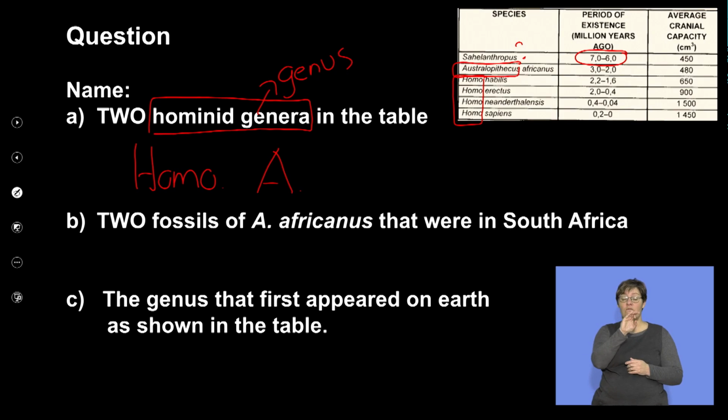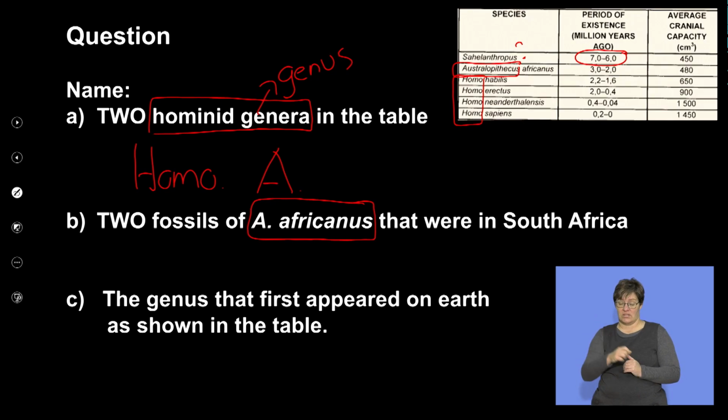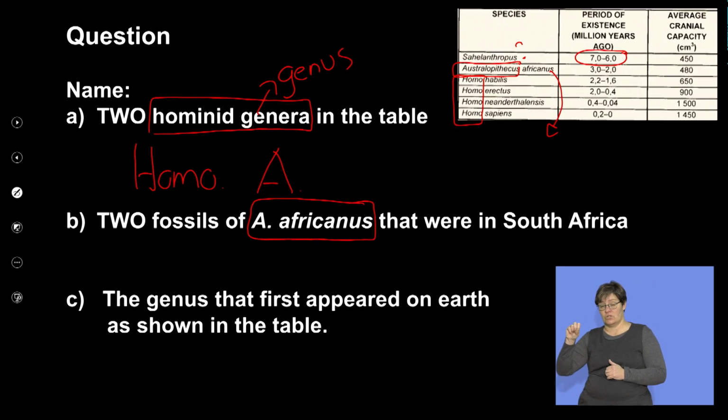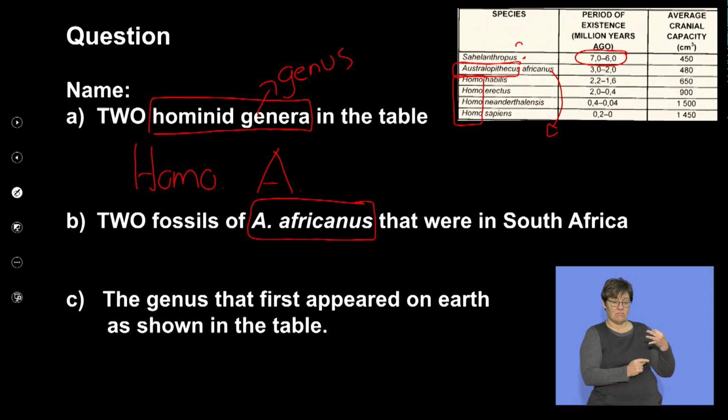Now, two fossils of Australopithecus africanus. Now, guys, you're going to have to remember over here, there are africanus and there are afarensis. Now, the africanus ones, there are three that you could choose from. As I said, they were all found here in South Africa.